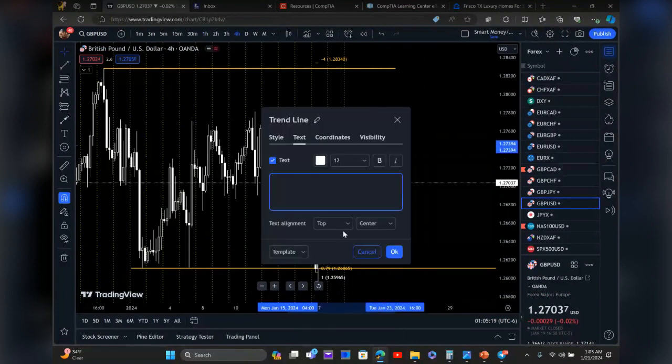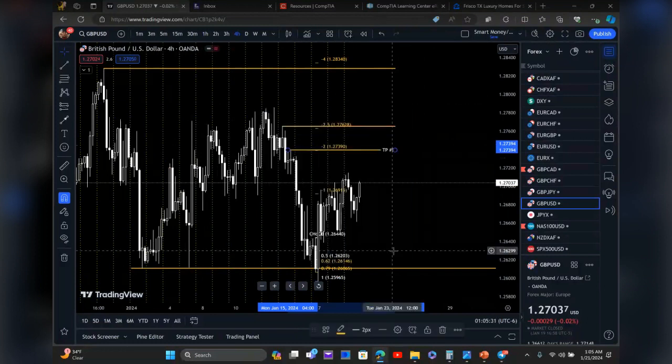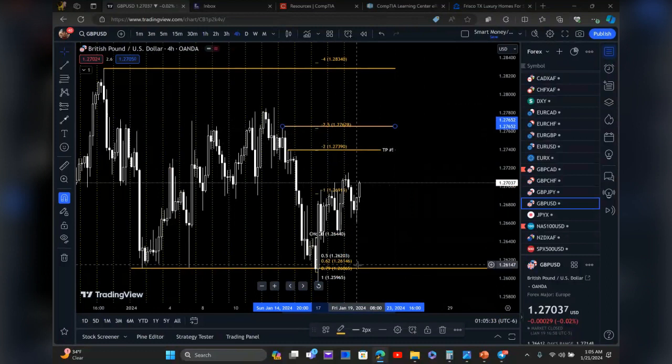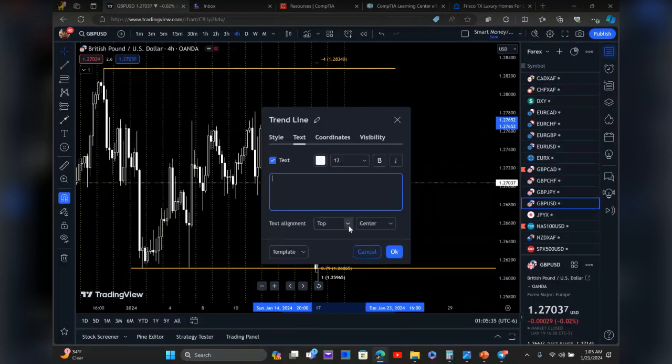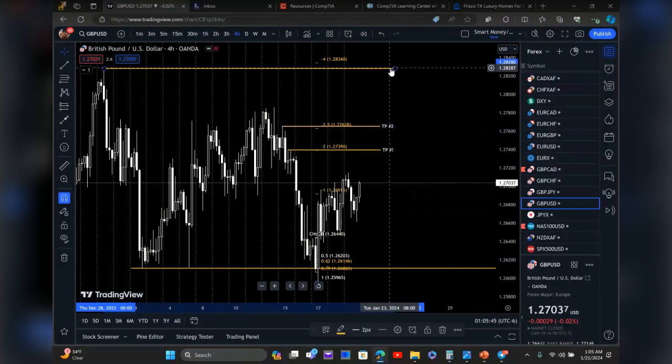TP number 1, middle, right. TP number 2, TP number 3.